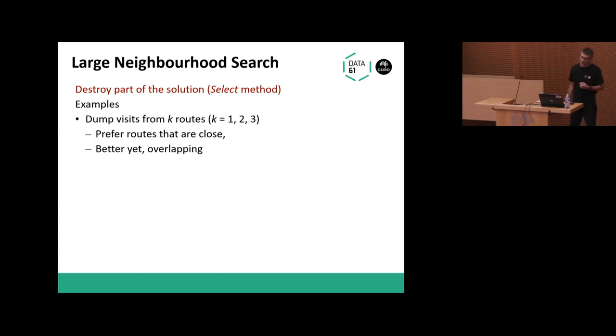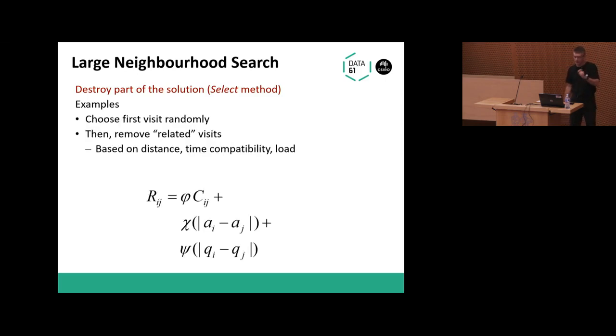And I can dump visits from nearby routes so that there's a better chance of getting them to come back. And I can remove related visits. Paul Shaw defined this relatedness, which looks at how close two visits are, how close their arrival time is, and how close their load is.